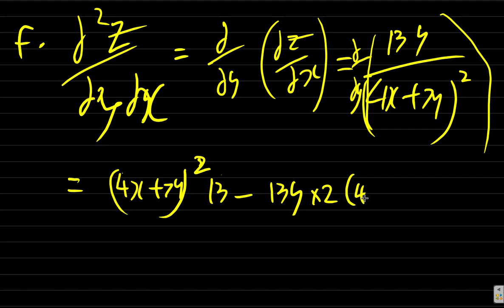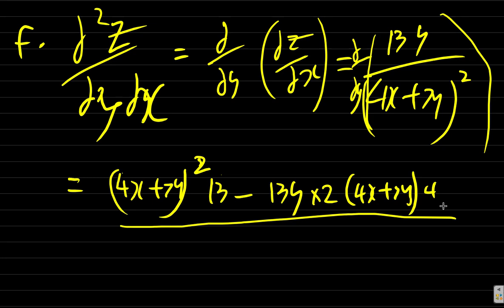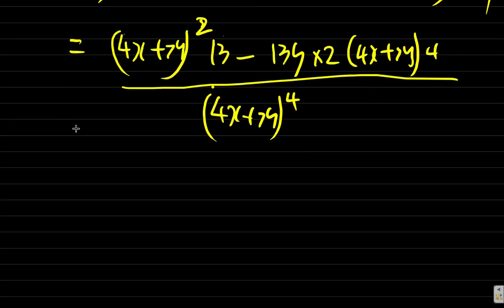You get 2 by 4x plus 7y using the chain rule times 4, divided by 4x plus 7y to the power of 4. So what you get here, you can factor out the 4x plus 7y.